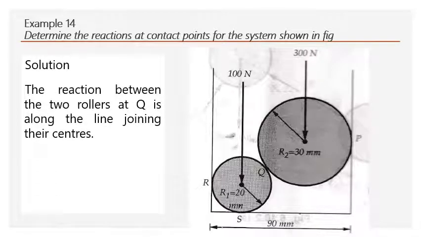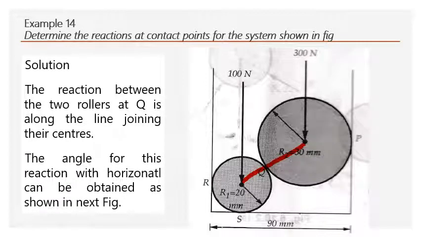The reaction between the two spheres at the point Q is along the line joining their centers. So the reactions at the point Q, that is the reaction of sphere 2 on sphere 1 and the reaction of sphere 1 on sphere 2, will be along the line joining their centers.